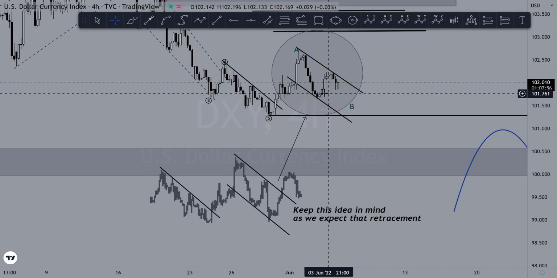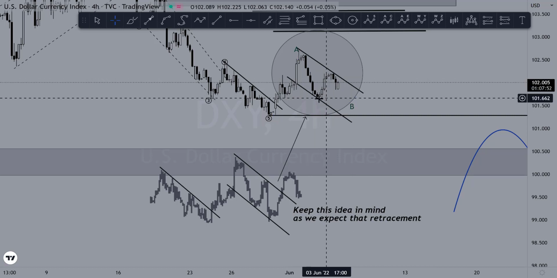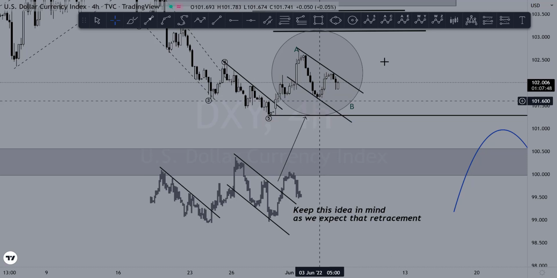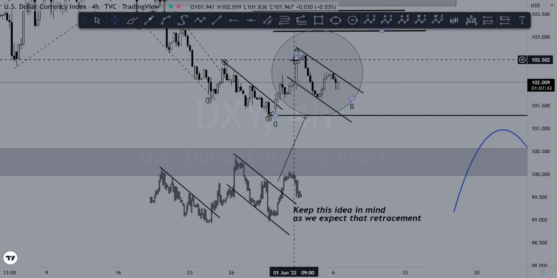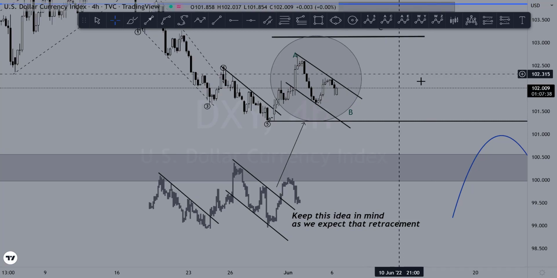So we can form either shape there, be it the triangle, whatever. But I expect the price to come below this point here, or equal to this point, before it can continue to the upside to give us again another similar wave like this. So this is the idea that I have in mind for DXY.